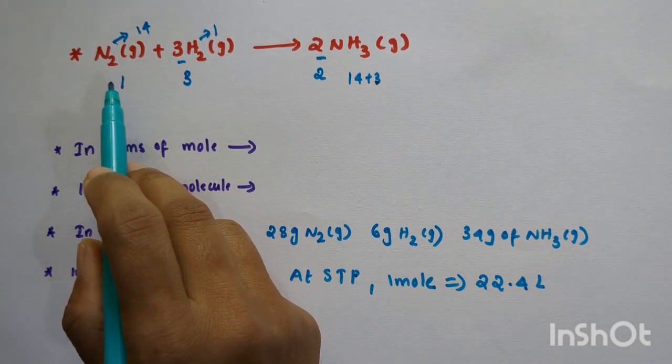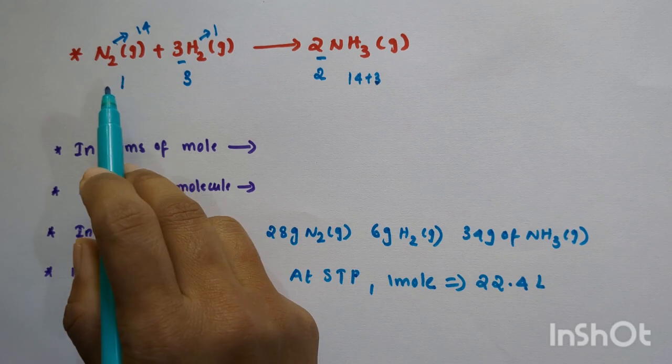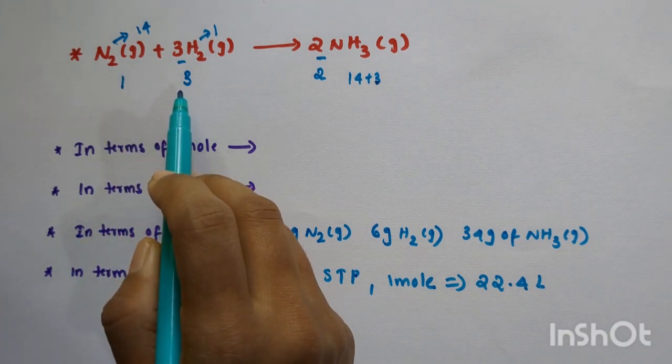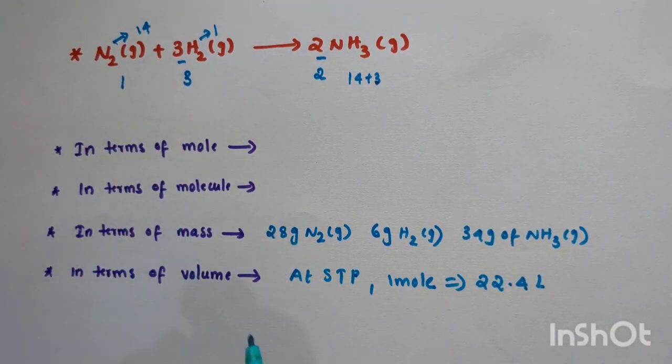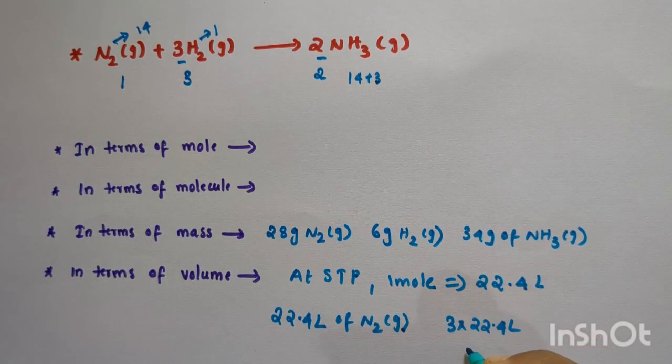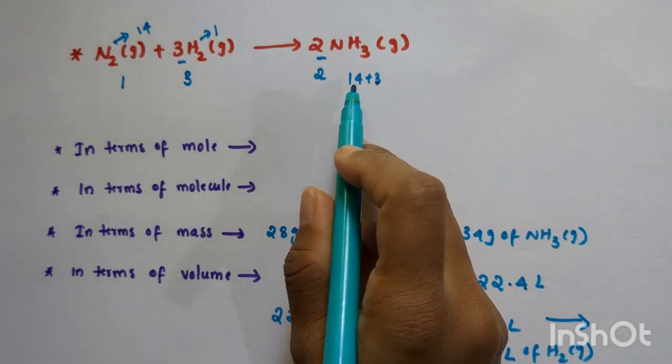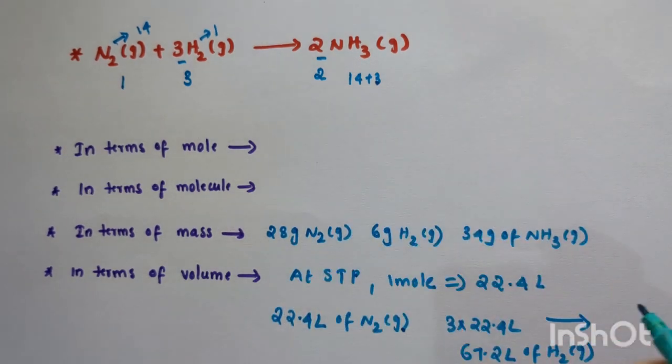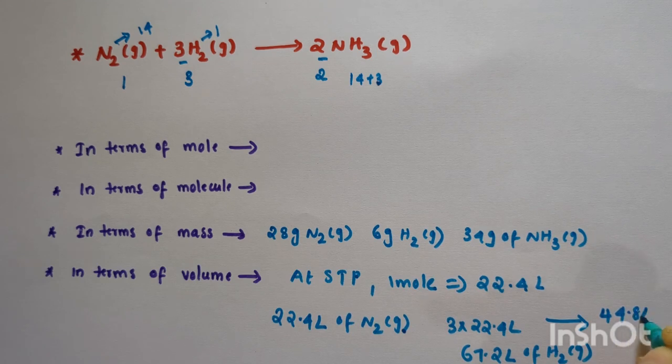So we can say that 22.4 liters of nitrogen gas reacts with 3 moles of hydrogen, so 3 into 22.4, which is 67.2 liters of H2 gas, to give 2 moles of NH3, so 2 into 22.4, that is 44.8 liters of ammonia gas. I hope it is clear to you.